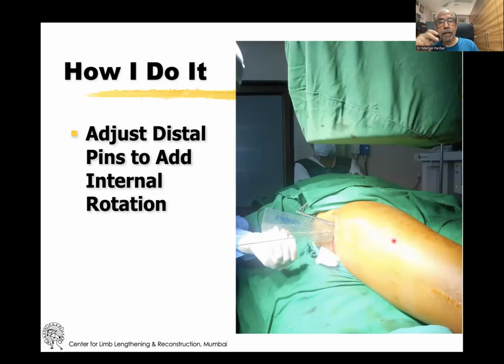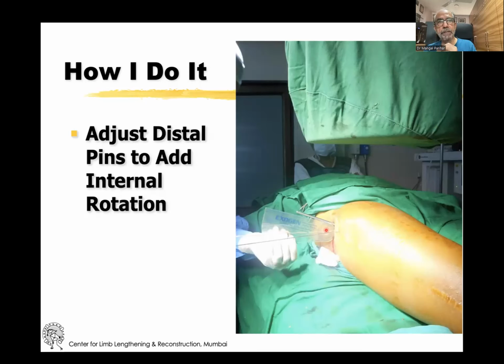In addition, when I put that distal pin, like you see this wire over here, I will put it slightly posterior, that is externally rotated to the proximal pin. Why? Because when I adducted it, I created external rotation. So I want to add internal rotation.